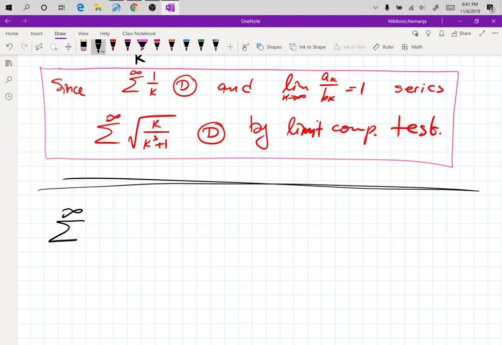Summation 1 to infinity of 1 over k times root k plus 2. So this should not be bad. Let's see what you come up with. No pressure. 18 seconds. Let's go.